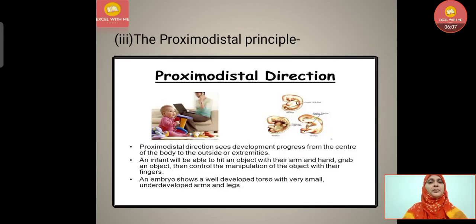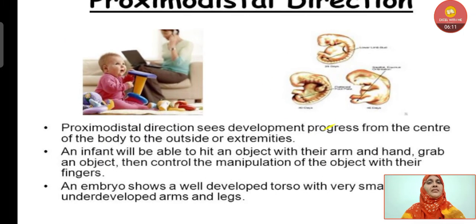The next principle is the Proximodistal Principle. Proximodistal direction sees development progress from the center of the body to the outside extremities. An infant will be able to hit an object with their arm and hand, grab an object, then control the manipulation of the object with their fingers.